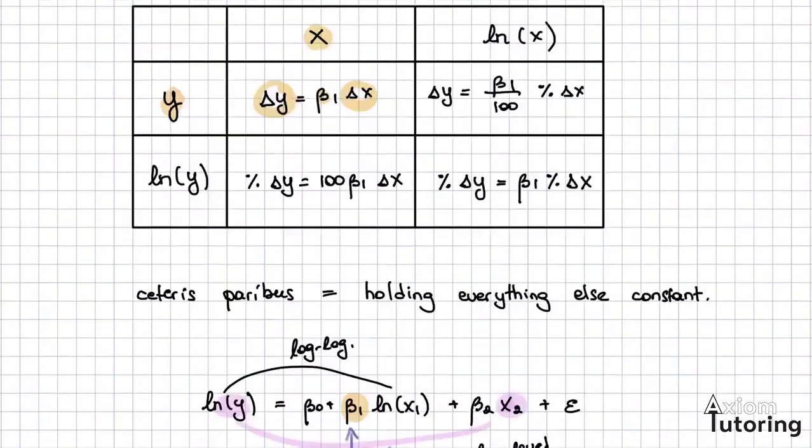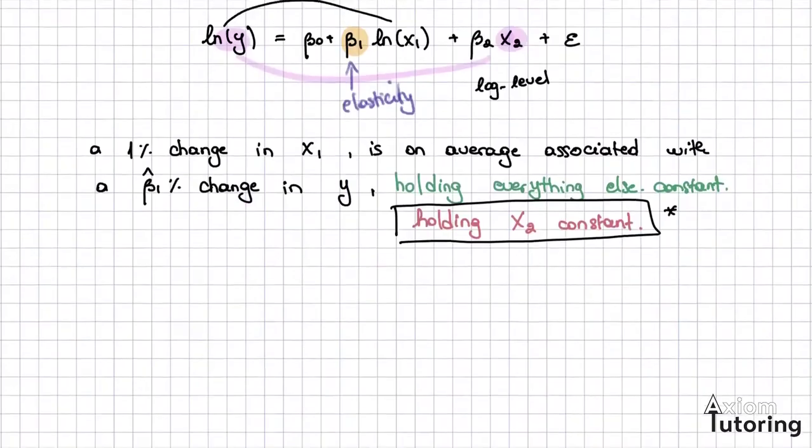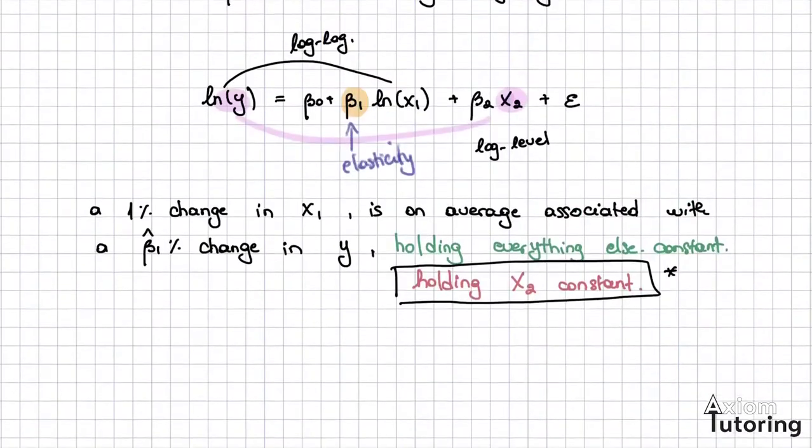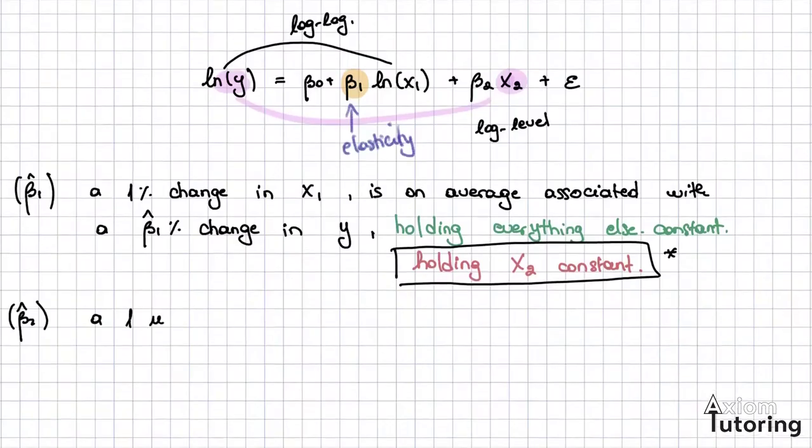Okay, so for the beta 1 here, we were looking at log and log. That's why we did the percentage interpretation. Now with x2 instead, we've got the log-level model. And in the log-level model, we will have to multiply the beta by 100. So if we are looking at the interpretation now of beta 2, so this was beta 1, now if we move to beta 2, we're going to say a 1 unit, because x2 is in units, okay?